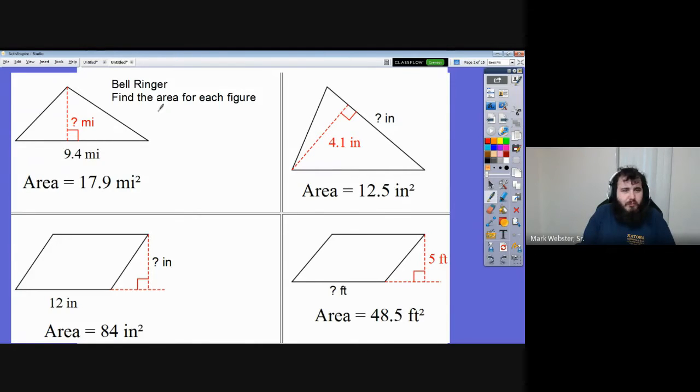So the whole point is, remember, triangle area equals 1/2 base times height. So I've got the area is 17.9 equals 1/2 of 9.4 times the thing we want to find, right? The height.